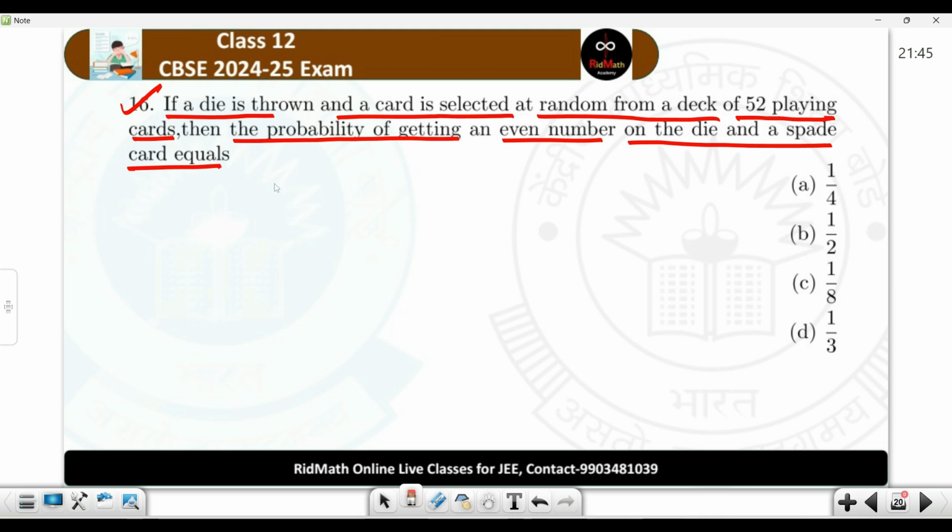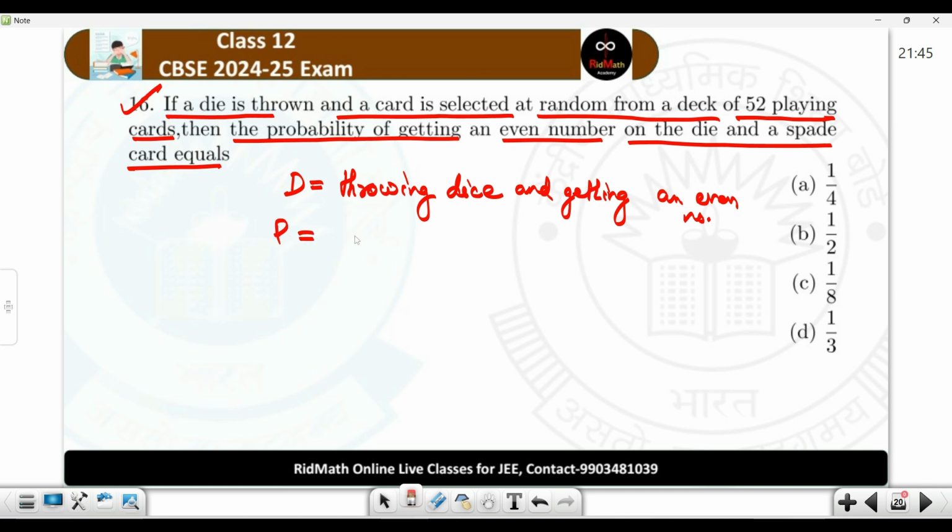So let us denote the D event as throwing the die and getting an even number, and the P event as getting a spade card.